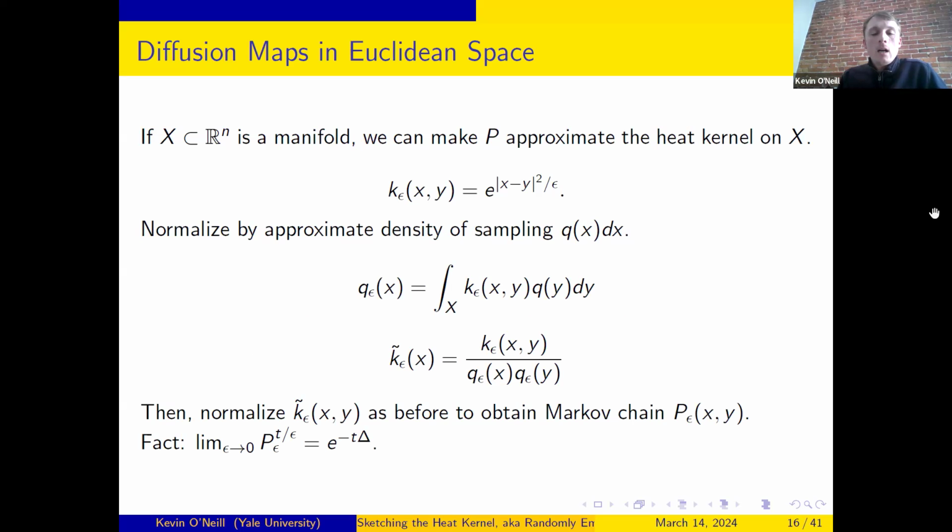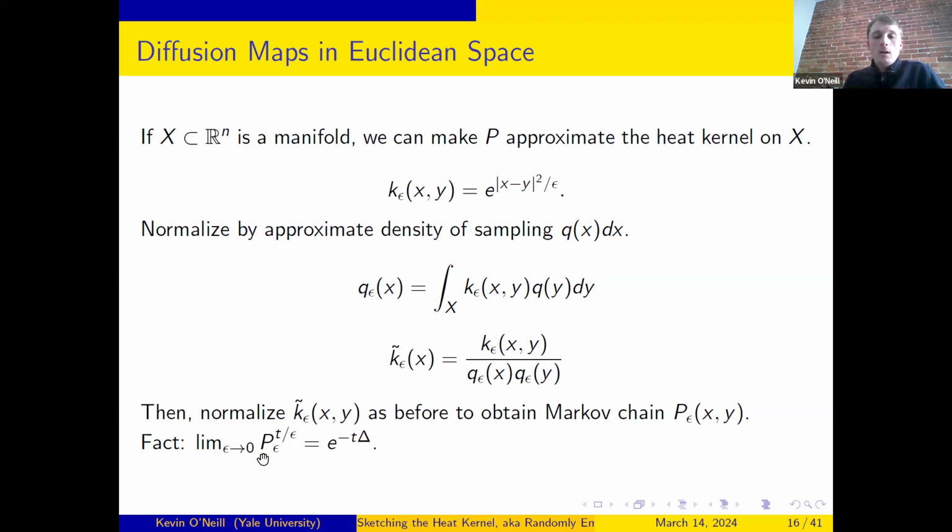Okay. All right. So you can do diffusion just with whatever kernel you want. Sometimes you care about having in particular the heat kernel on a manifold. Okay, so if you do that, you can do this kind of fancy normalization process where you basically adjust according to the sampling density. You normalize according to that. Then you do the exact same thing we did before.